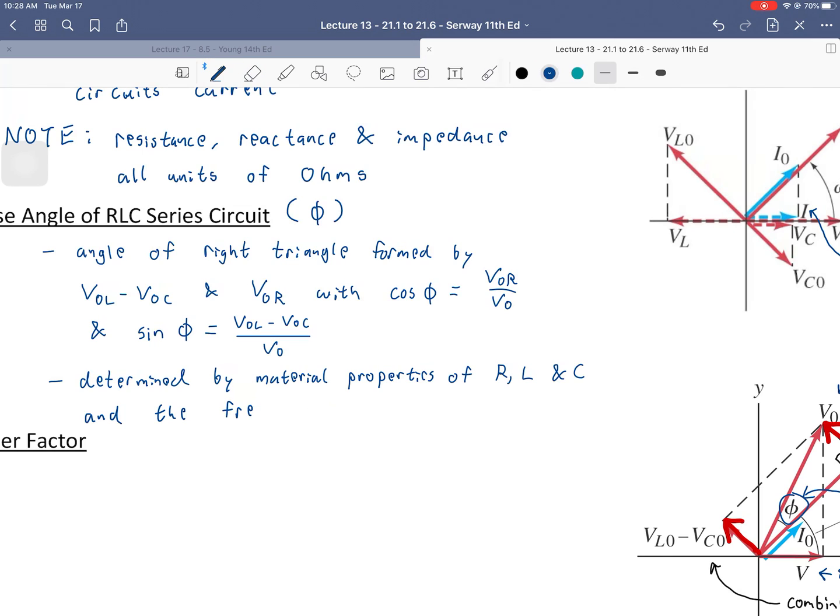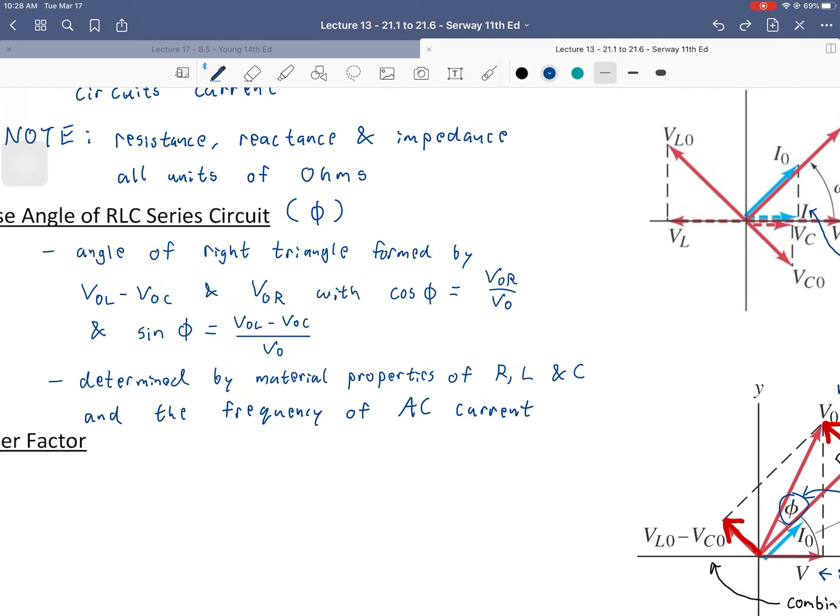I said RC, but I meant to say AC current. All right, so determined by the material properties of the resistor, the inductor, and the capacitor, and the frequency of the AC current. That's because the reactance of the inductor and the reactance of the capacitor are frequency dependent, even though the inductance of the inductor and the capacitance of the capacitor are not frequency dependent.